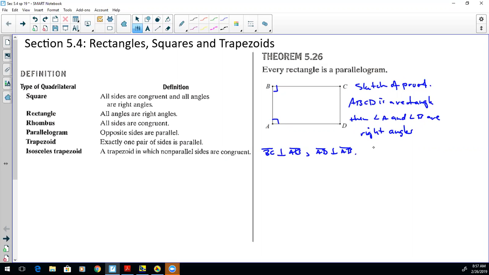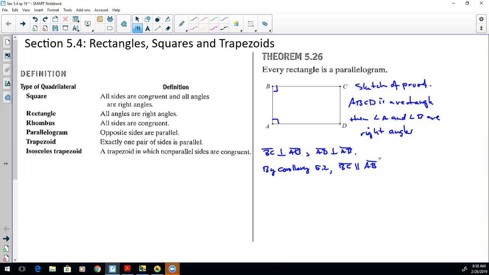Now, if you go back and look at a corollary in a previous section, corollary 5.2, then we know that BC is parallel to AD.